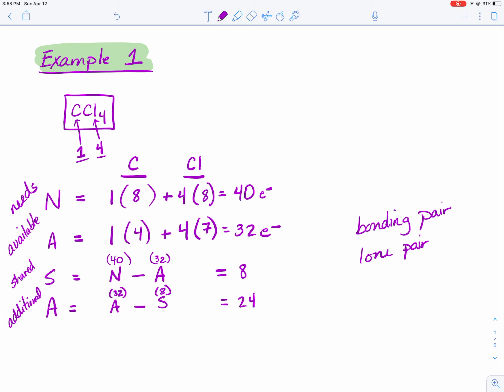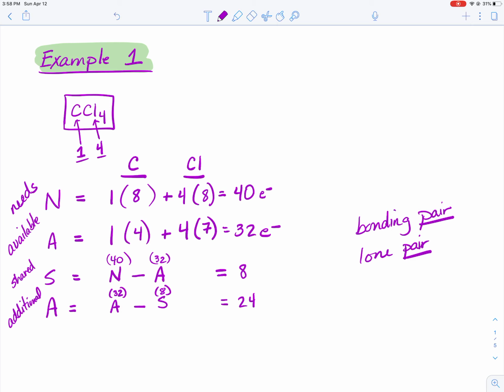And the word pair in this means for every two. Our shared value will tell us how many electrons get shared together to form our line that we draw as a bond, a single bond. And then the additional tells us lone pairs.